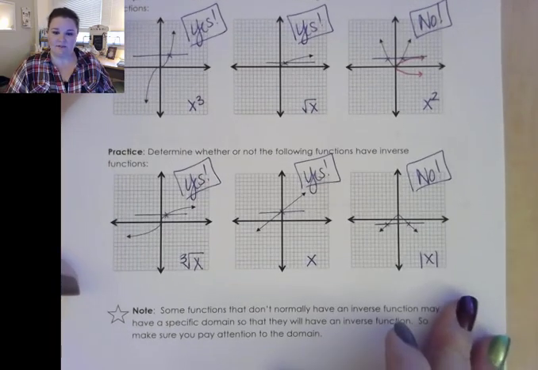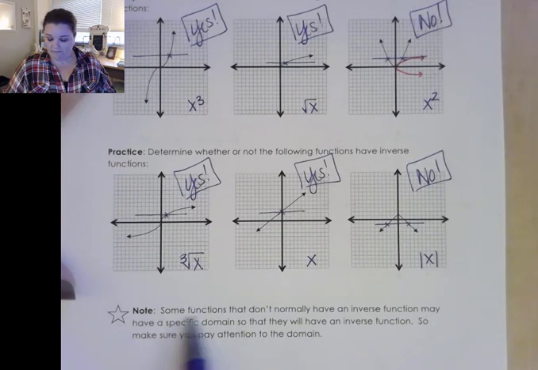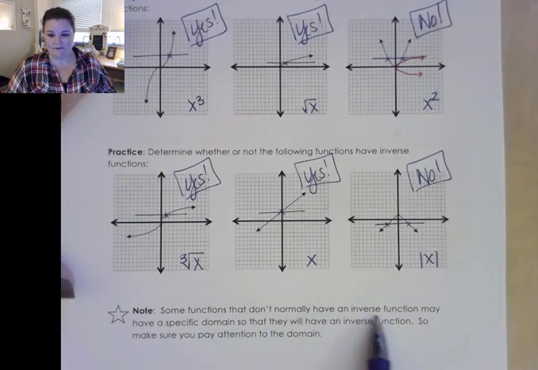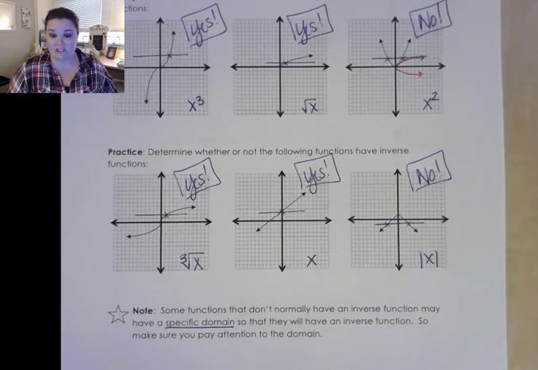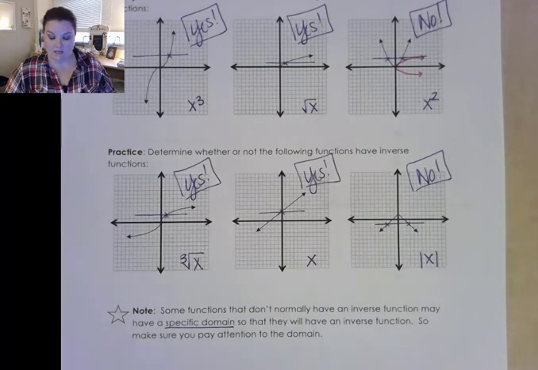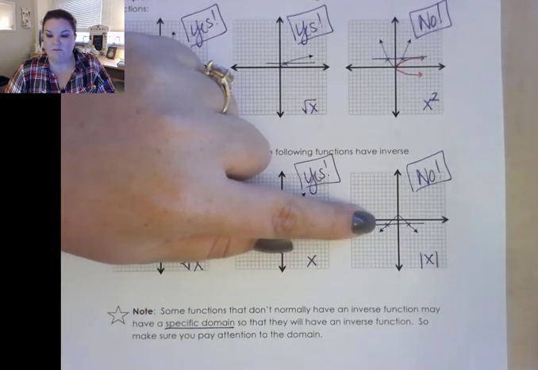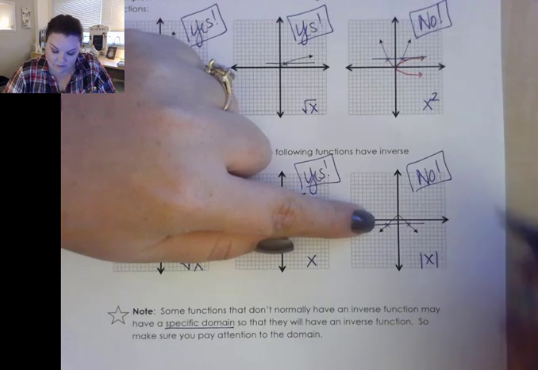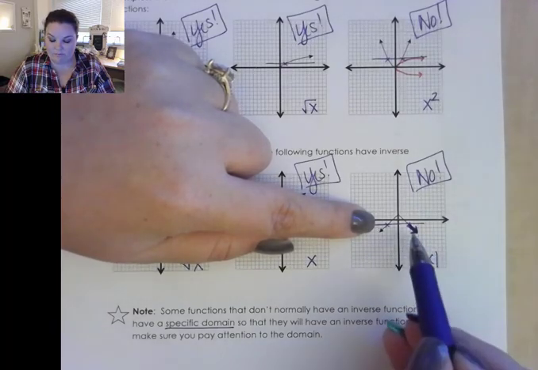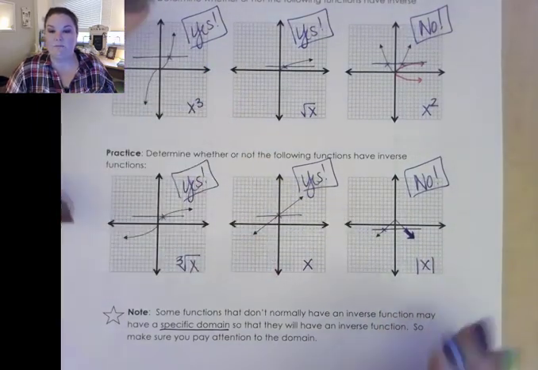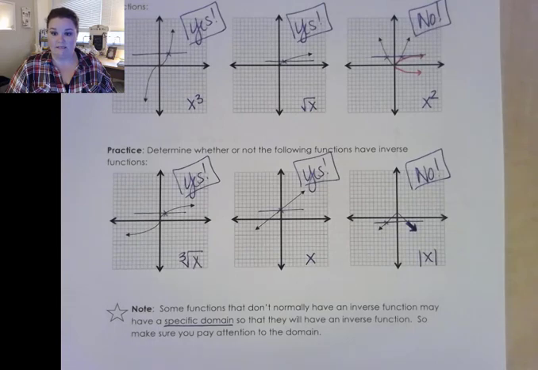But I have this note down here that says some functions that don't normally have an inverse function may have a specific domain restriction, okay? So that they may have an inverse function, meaning if I were to look at this absolute value and I said, hey, I'm just going to look at this little teeny tiny piece from here down. If I look at just that little teeny tiny bold piece from here down, would that little piece pass the horizontal line test? Well, it would, right?